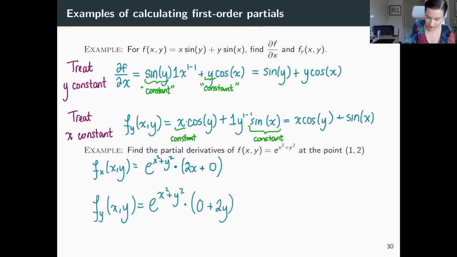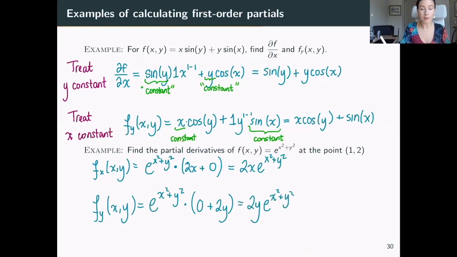And then simplifying both of these, I get 2x e to the x squared plus y squared, and 2y e to the x squared plus y squared. And when we evaluate these at the points, we have that f_x of (1, 2) will be equal to 2 times 1 times e to the 1 plus 4.